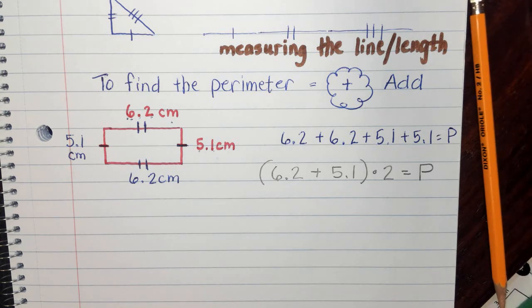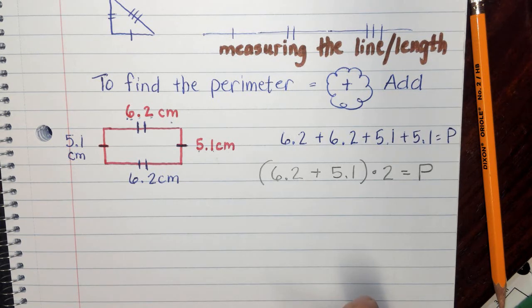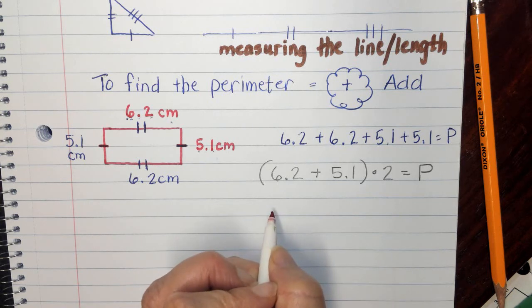Who can give me another way? Briley? After you wrote it the first way, I did little triangles, like go down, then you add those two together, and then it equals your answer.